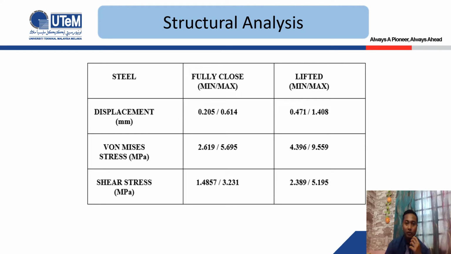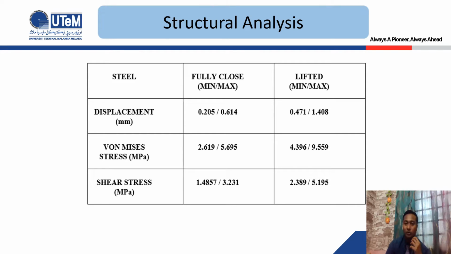For the fully closed condition, its displacement is 0.205 mean and 0.614 maximum. For von Mises stress, we have 2.619 for mean and 5.695 for max. For shear stress, we have 1.4857 mean and 3.231 max.